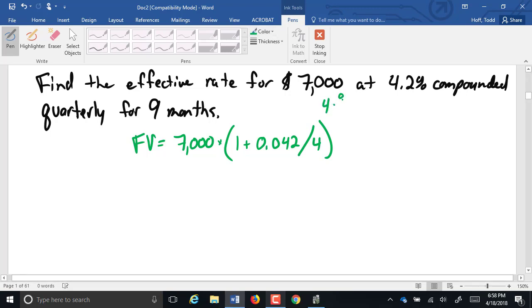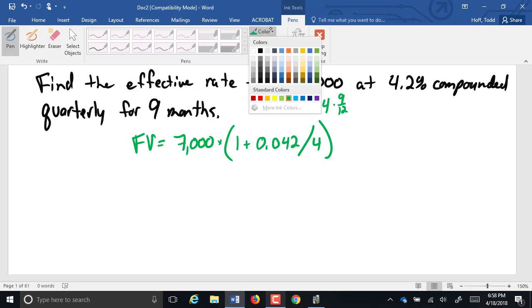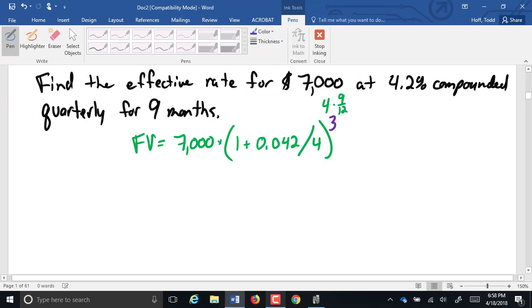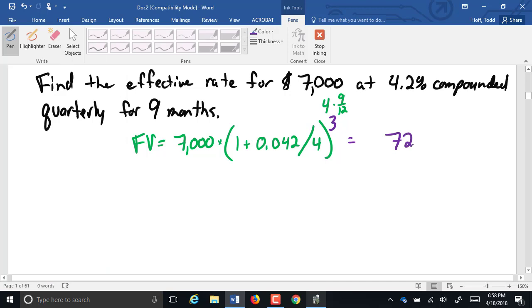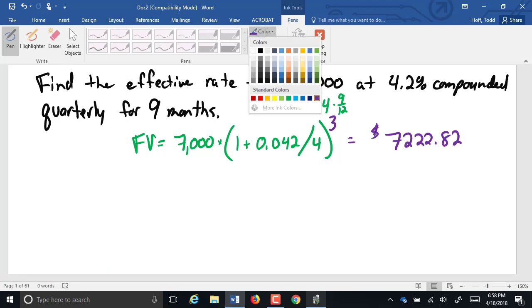It's 4 times 9/12, which does give us 3 is our number of periods. So 7,000 times parentheses 1 plus 0.042 divided by 4, close parentheses, power of 3. 7,222.82. It's our future value. What's next?